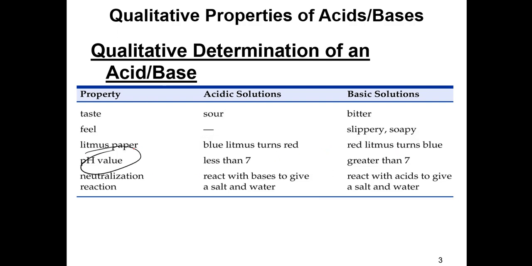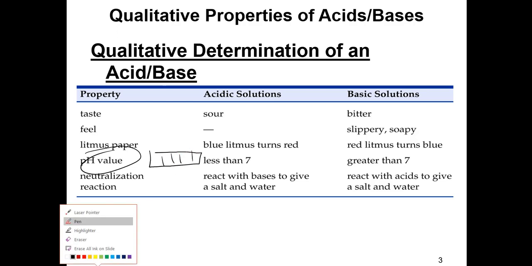You can go by pH litmus paper. pH litmus paper is really cool because based on what color it turns, you'll be able to figure out what the pH is. You could also use a pH meter, which is an instrument which measures it.